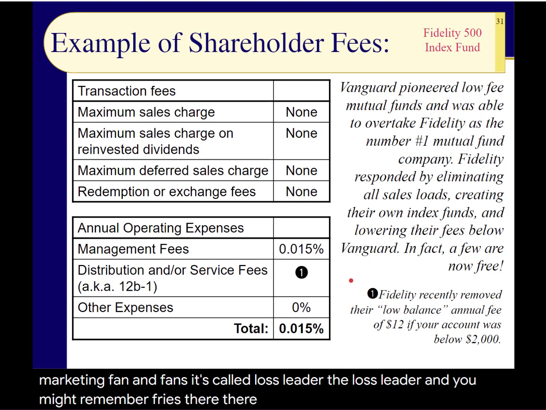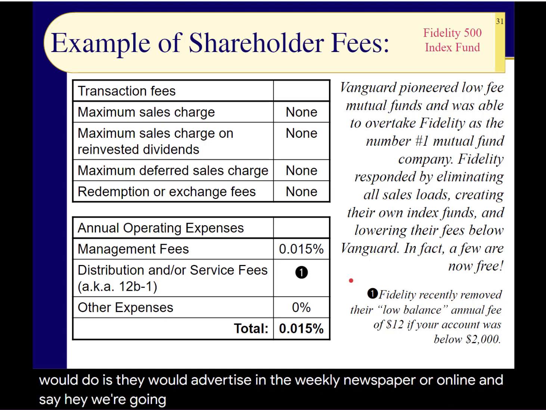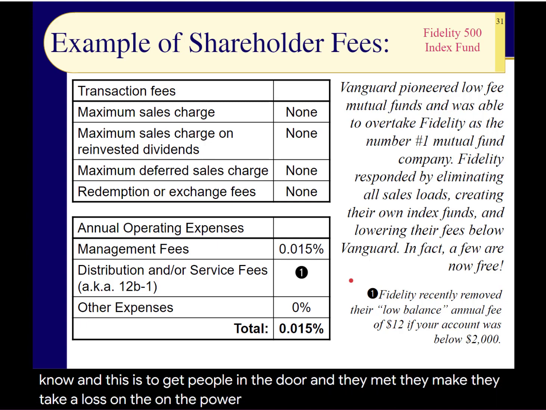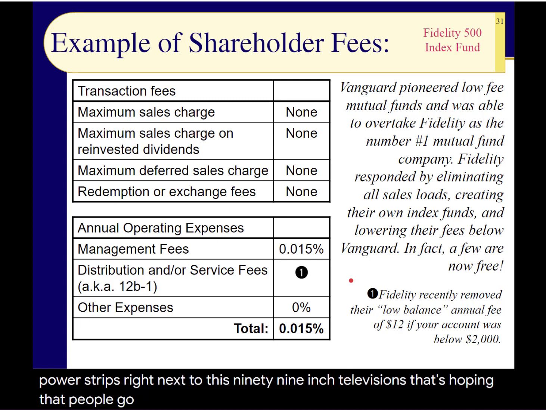They're basically gone now, but what they would do is advertise in the weekly newspaper or online and say, hey, we're going to sell you this power strip for $1, and that's just to get people in the door. And they take a loss on the power strip, and they put the power strips right next to the 99-inch television sets, hoping that people go, ooh, look at this. And so that's what Fidelity's doing.